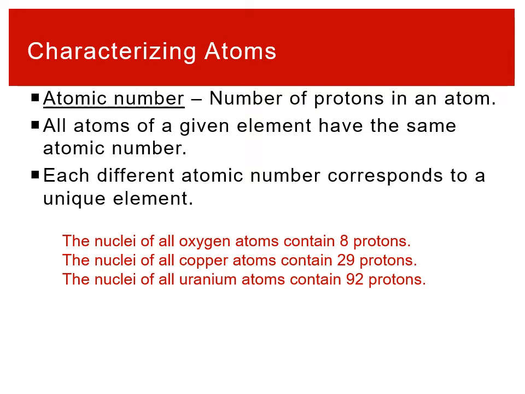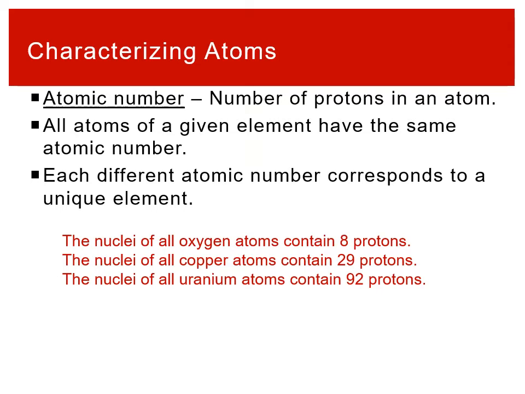Functionally, this means that the number of protons, this atomic number, determines the name of the element. When we say oxygen, a type of element, we know that corresponds to a type of atom. Oxygen atoms are all of the atoms that have 8 protons in their nucleus.